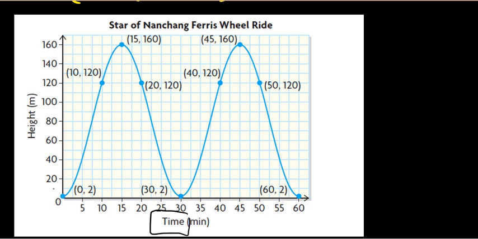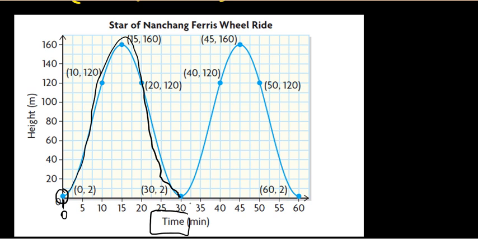So really, it's how long, in this case, how long it takes for one complete cycle. If I start here, that's at time equals 0, then this whole thing goes up and down and back to the same point here in how many minutes? 30 minutes. So the period is 30 minutes.